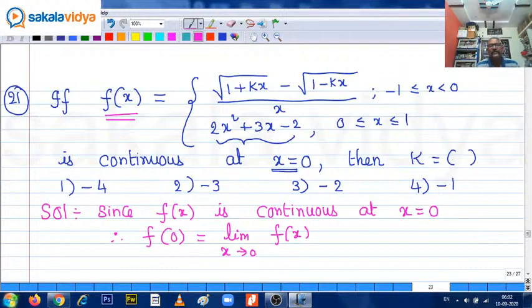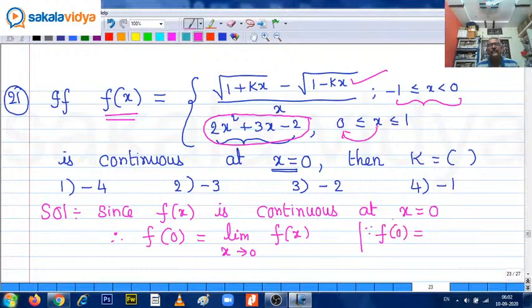X tends to 0 means x does not equal 0, so we consider that function. First let us calculate f of 0. For f of 0 we consider 2 times 0 plus 3 times 0 minus 2, that is 0 plus 0 minus 2, which will be minus 2.